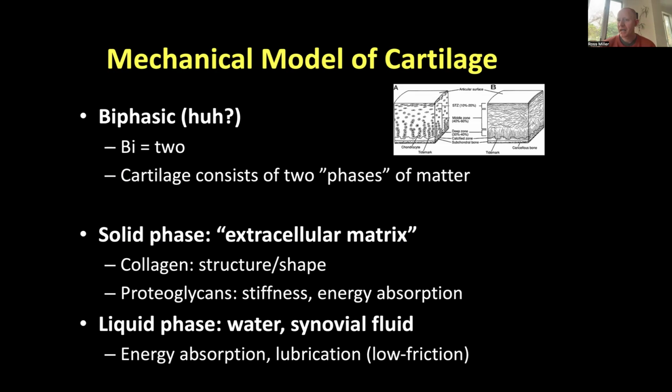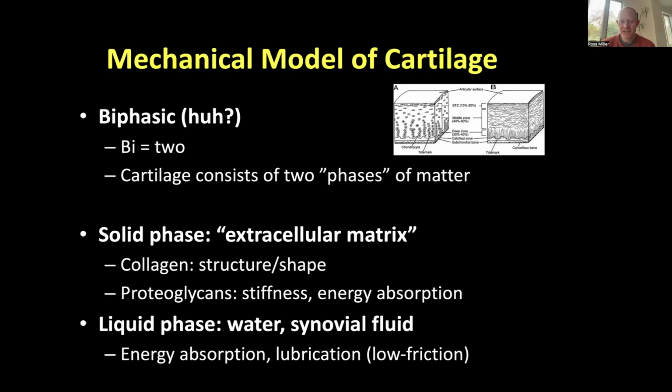Biphasic: bi means two, like tri means three, and phasic means phase, right? So biphasic means two phases. So that's just a way of saying, probably more complicated than it needs to be, but in a shorthand way, that cartilage consists of two phases of matter. There's a solid phase and there's a liquid phase.